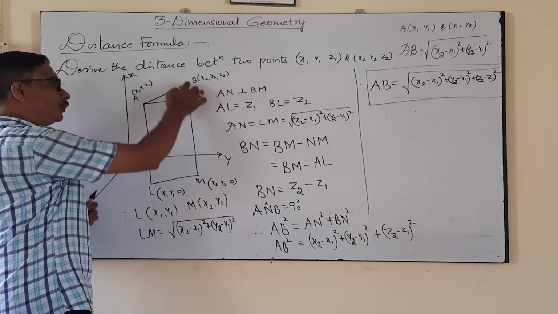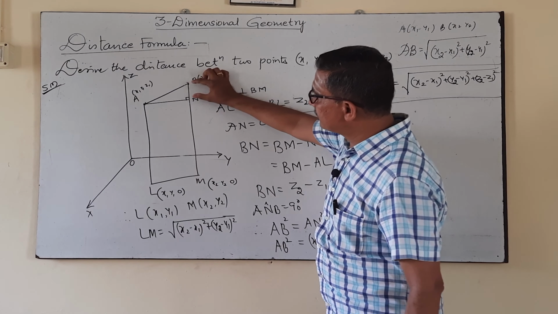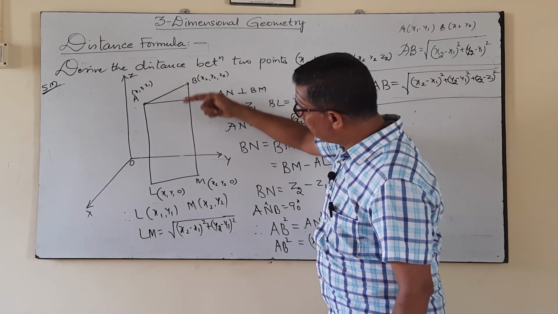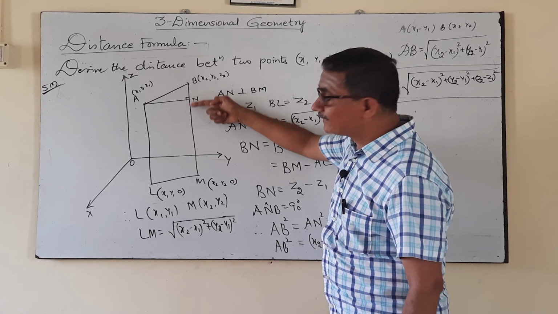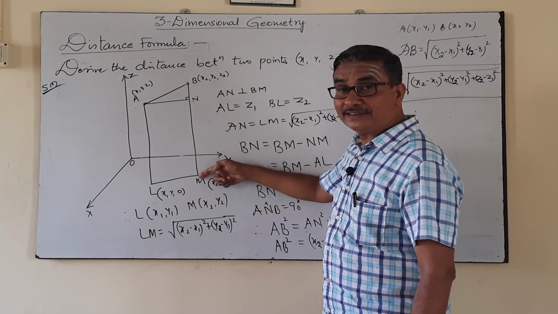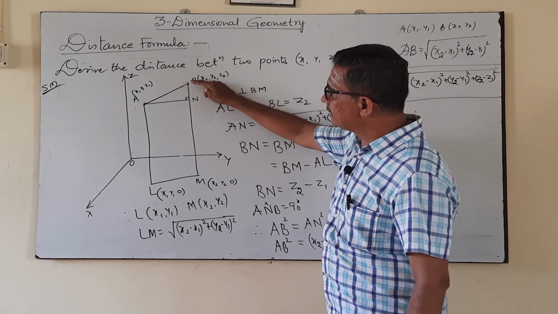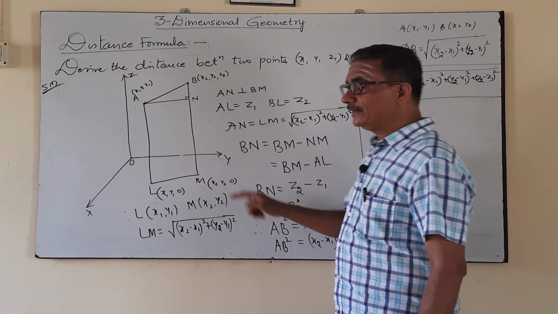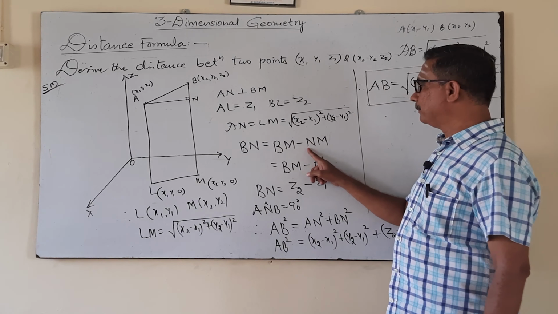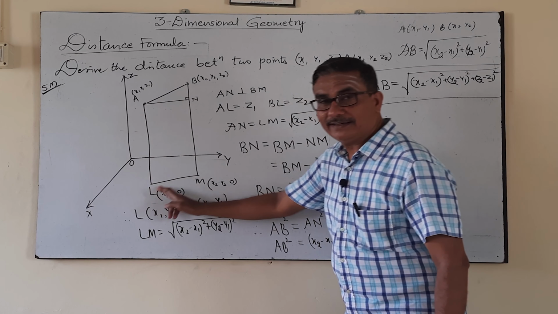Okay. Then to find BN. Now BN can be written as BM minus NM. If we subtract NM length from BM length, we will get BN. Isn't it? So BN is equal to BM minus NM. That is BM minus NM length, which is same as AL.